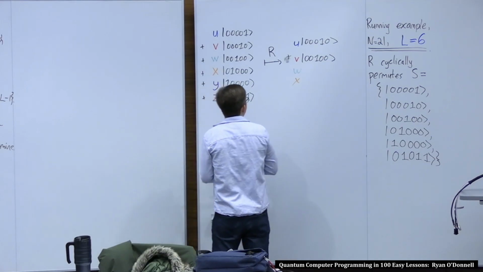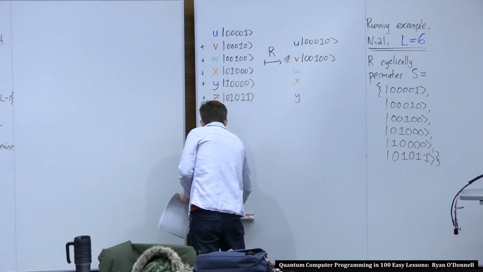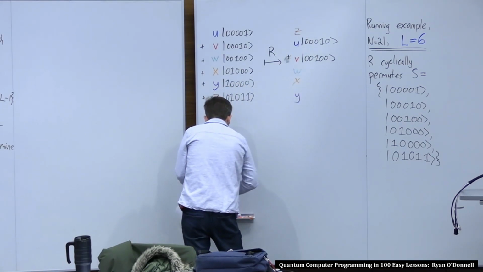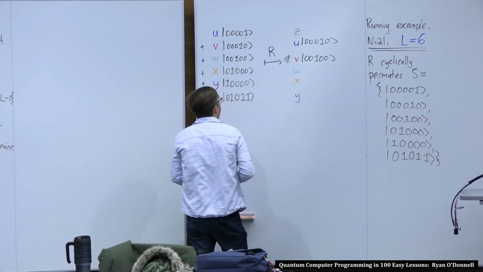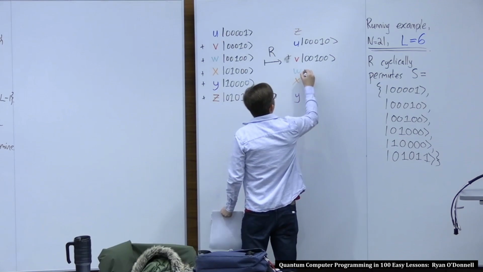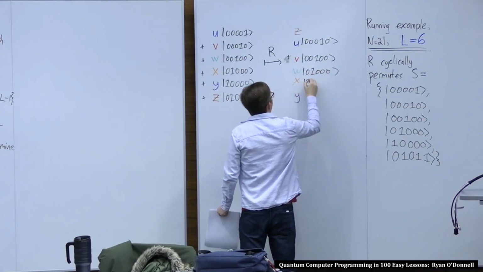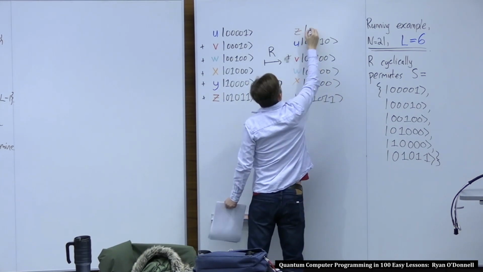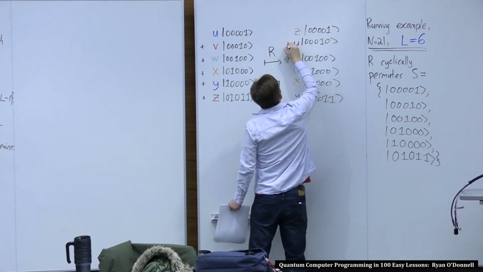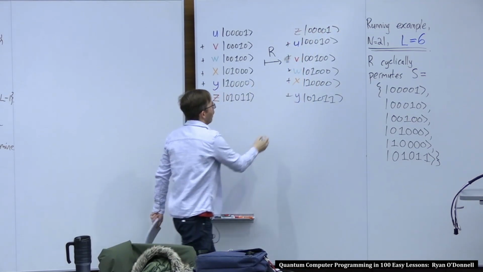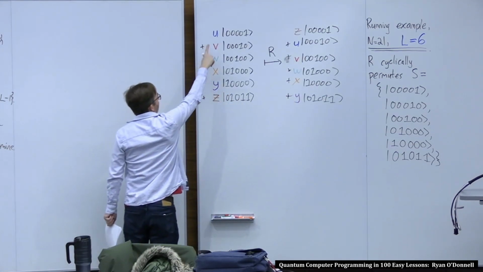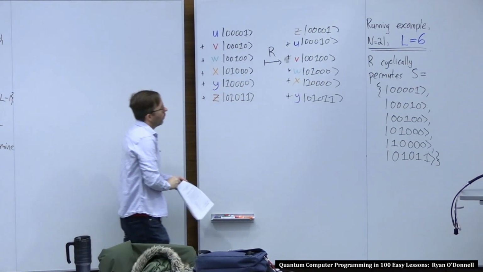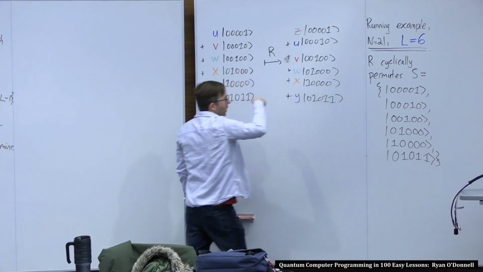I think you probably see where this is going. What we're going to get to is this state. So applying R to a completely general state with these amplitudes gives you another completely general state, with the same amplitudes, but just cyclically shifted down by 1.